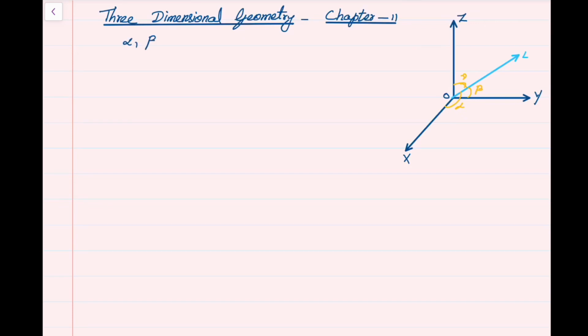So alpha, beta, gamma are the direction angles. And we know that cos alpha, cos beta, cos gamma are the direction cosines of that directed line segment.